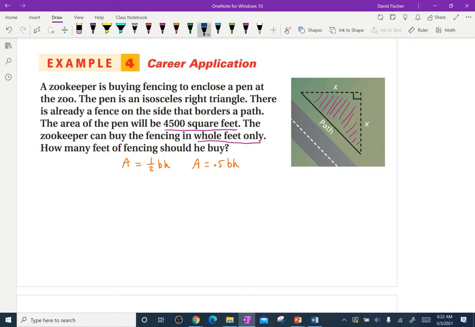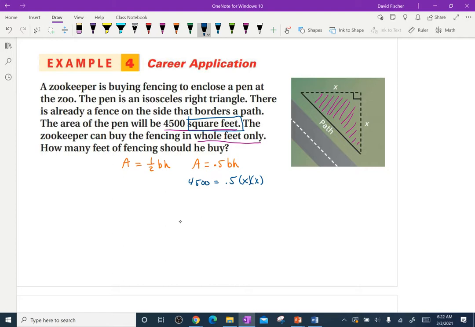Same thing. All three of those are the same thing. Now, as I look at my area, they said it was 4,500 square feet. I know it's an area answer because they told me it's square feet right here. And they said my base and my height. It's a 0.5 in my formula times x times an x. My base is an x and my height is an x.